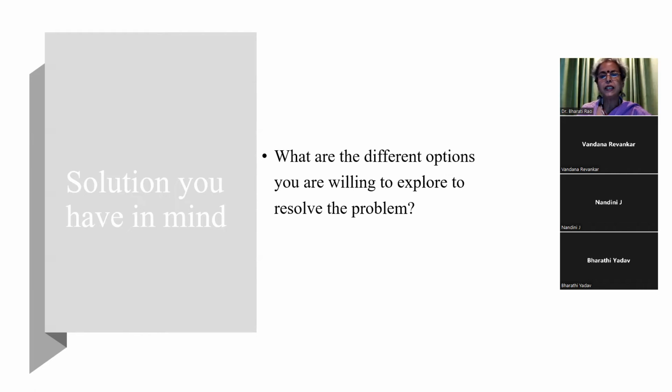So what is it that can be done to facilitate the friendship like how it was before? Similarly, we have to state the different options, different choices that Ramya has in mind in order to settle the issue, because they are good friends.